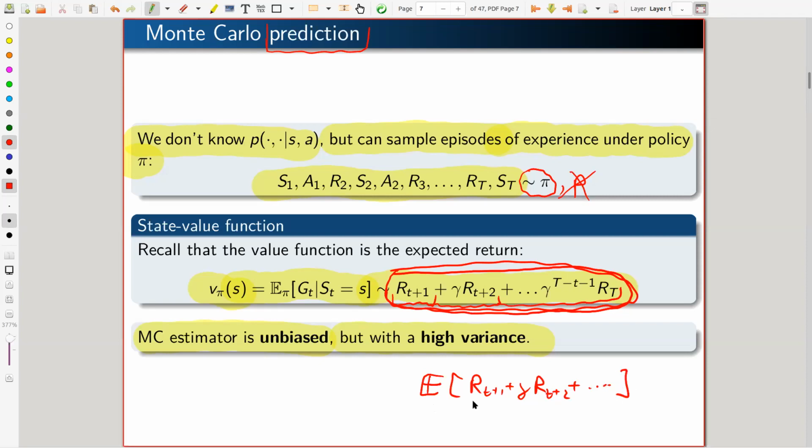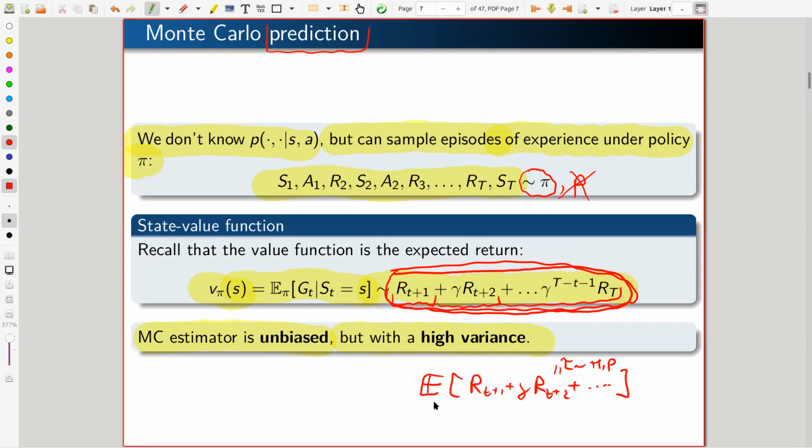Okay, let's call these episodes tau, and these episodes are taken with a probability. This probability is given by pi and p, but in a very complex way.